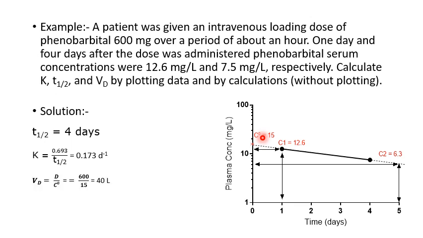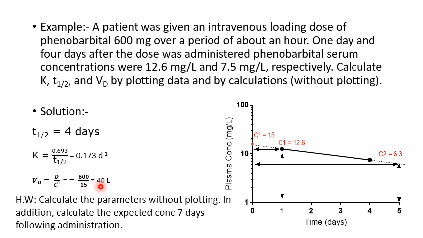So the initial plasma concentration is 15 milligram per liter, and we can divide the dose over the initial plasma concentration to get the volume of distribution. And for the calculation of the parameters without plotting, you can apply the equations at home, and you should be able to get the same or quite similar results as those that we calculated by the plotting technique.